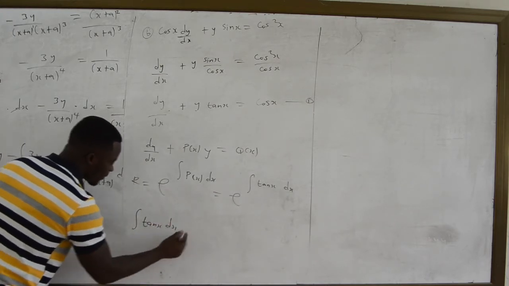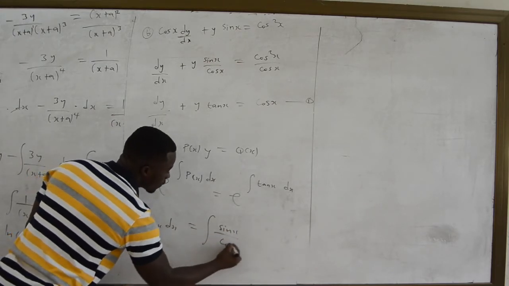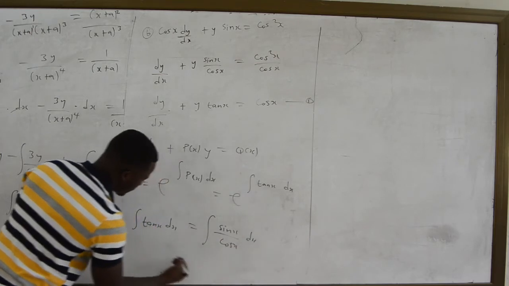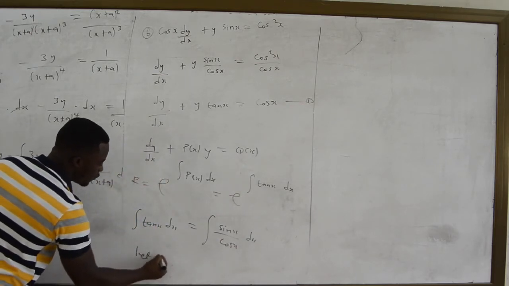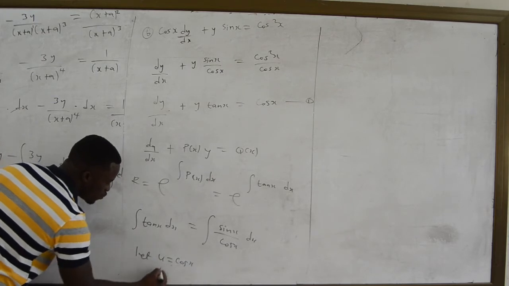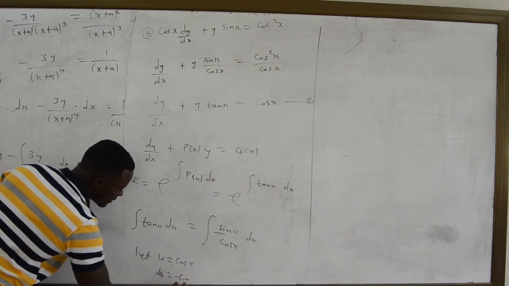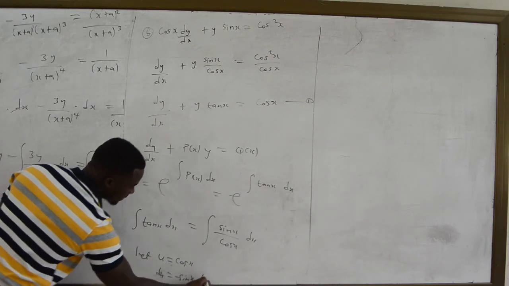So how to integrate this one? This one is the same as the integral of sin x over cos x dx. I'll let a certain variable, let's say u, be equal to the base, that's cos x. Differentiate this one, my du will be equal to negative sin x dx.